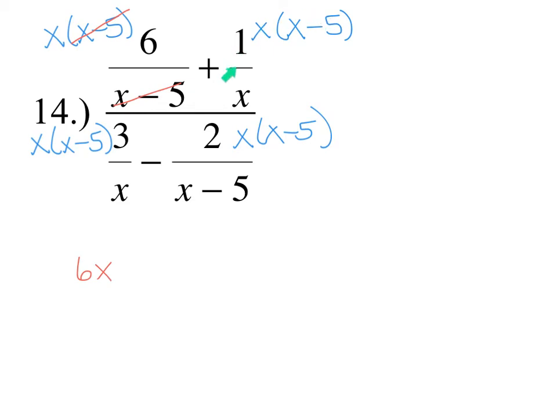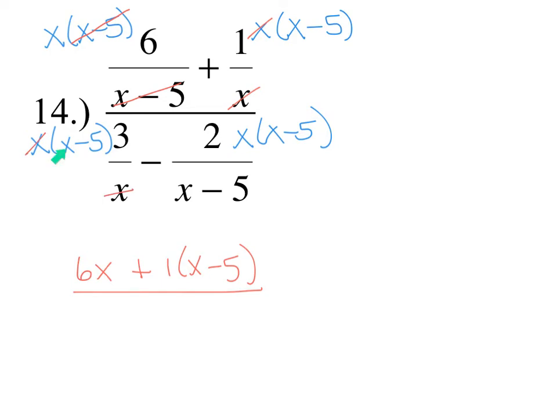In the top right fraction, their greatest common factor is an x. And that leaves behind the 1 times x minus 5. In the bottom left fraction, the x cancels out, the common factor.